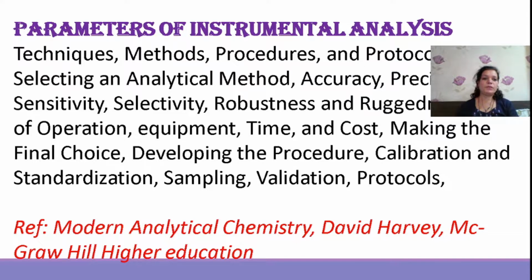In this particular topic, we are going to cover the techniques, methods, procedures, protocols, selecting an analytical method, the terms accuracy, precision, sensitivity, selectivity, robustness, ruggedness, the scale of operation, meaning the amount we are going to detect if we choose a particular method, equipment, time and cost for the method, making the final choice of the method, developing the procedure based on the final choice, calibration, standardization, sampling, validation and protocols.